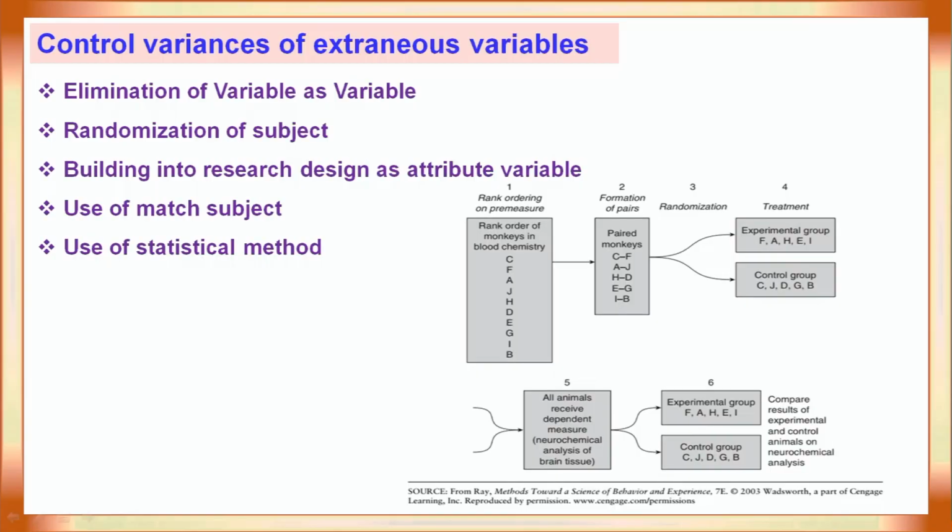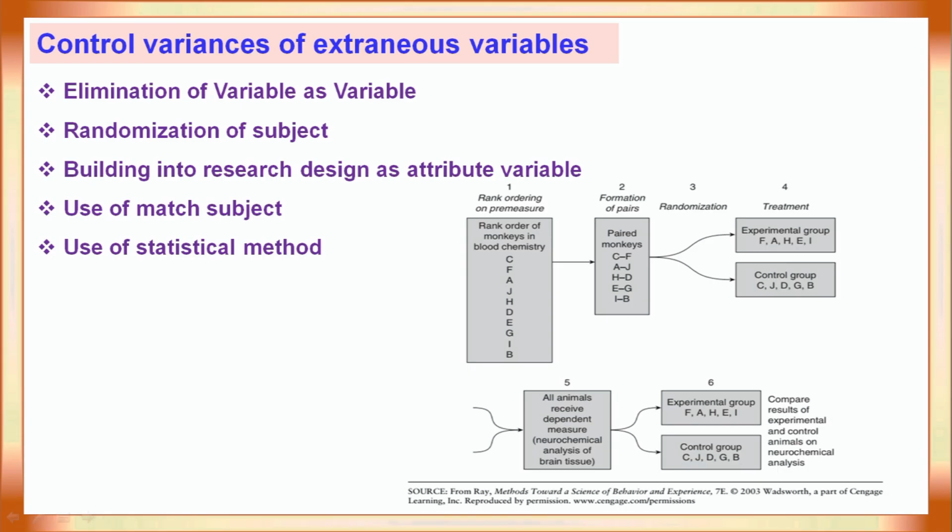The third strategy of controlling the extraneous variable is that you build that particular extraneous variable into the research design as an attribute variable.